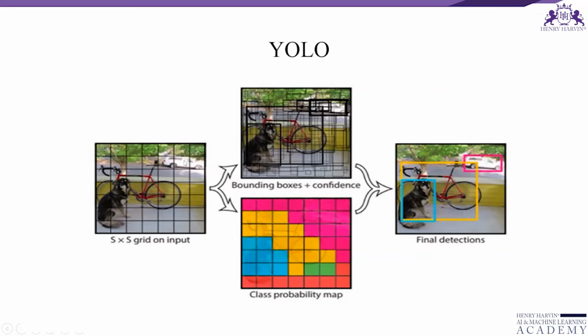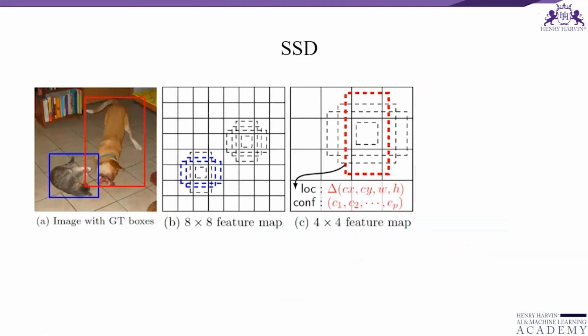You can see the truck over here, and the complete background is in another color. Once it is divided into a grid, it makes bounding boxes and confidences, and we get the class probability map and the final detections. So this is about YOLO.